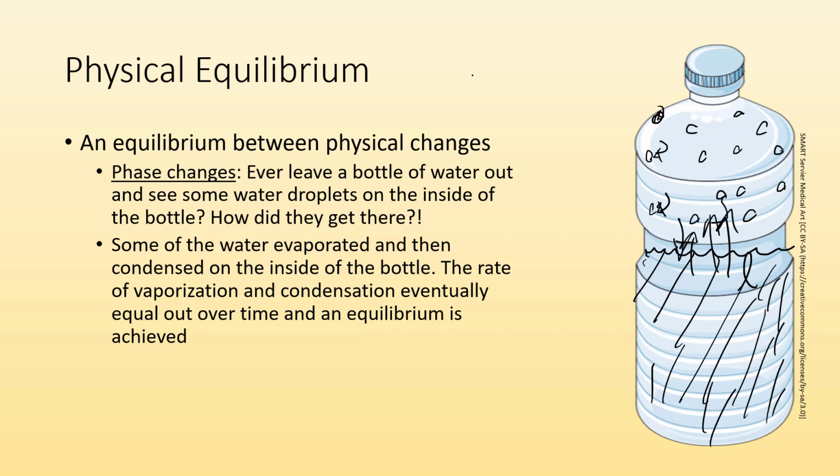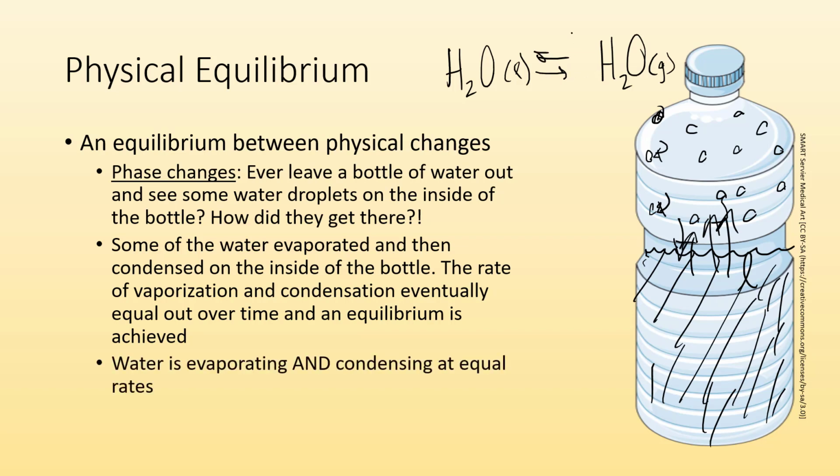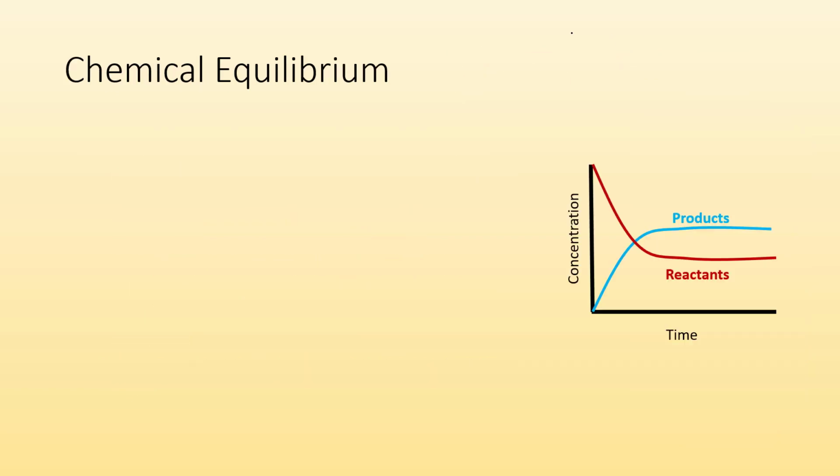So we're talking about H2O in a liquid phase, it's going to evaporate and become H2O gas, and then eventually the reverse reaction rate is going to be equal to the forward, and we're going to get an equilibrium. So at equilibrium, water is still evaporating, but it's also condensing, and the rate at which that's happening is equal.